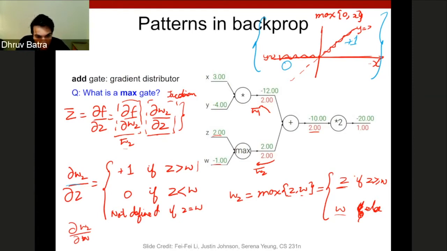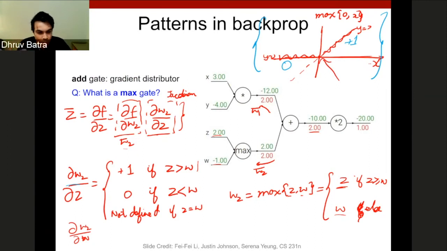Why is it not defined? There are a couple of questions. Why is it not defined? It's not defined because this point right here is a non-differentiable point. Gradients require limits to hold from the right and the left, and those limits have to match, and those limits do not match.